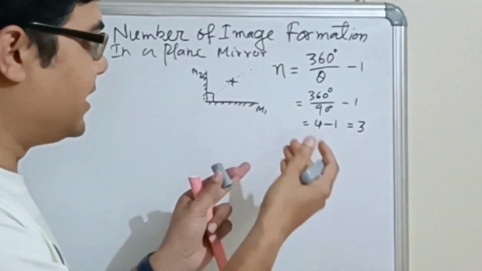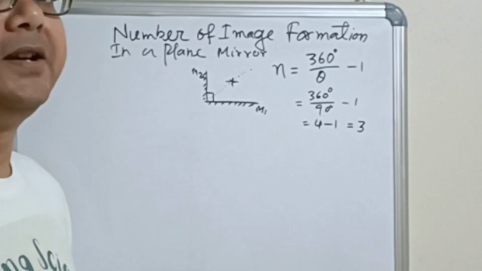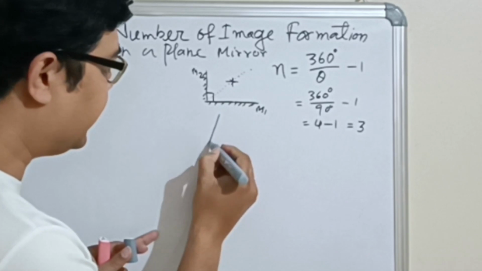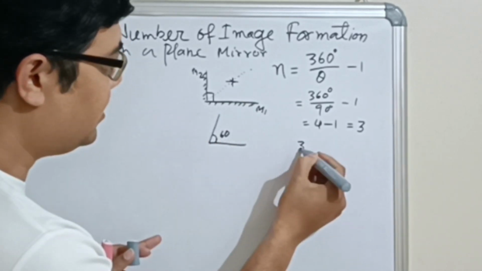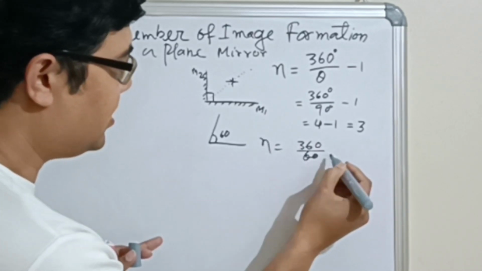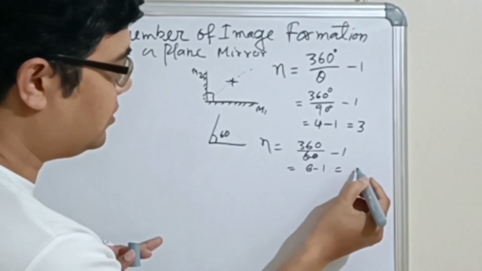So the number of images formed is 3 when two plane mirrors are placed at an angle of 90 degree with each other. If they are placed at an angle 60 degree, similarly n is equal to 360 divided by 60 minus 1. It should be 6 minus 1 is equal to 5.